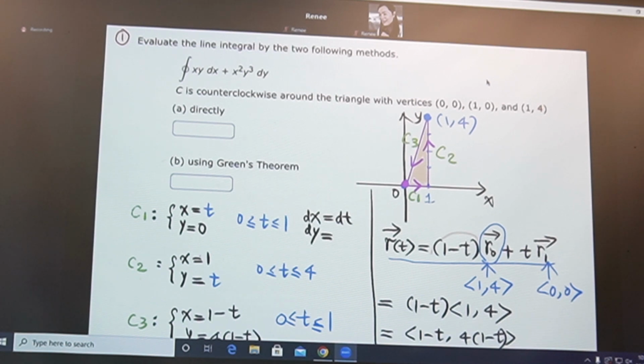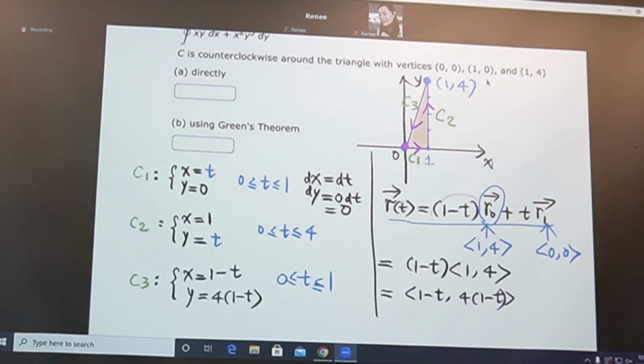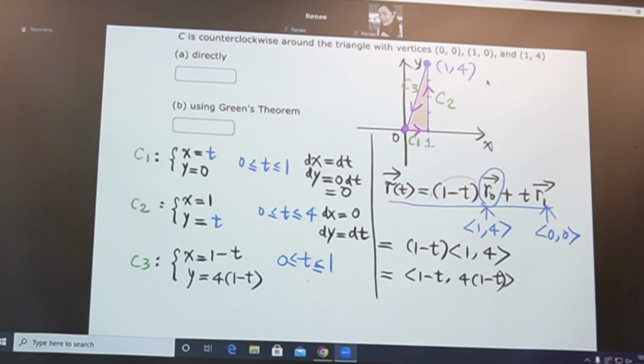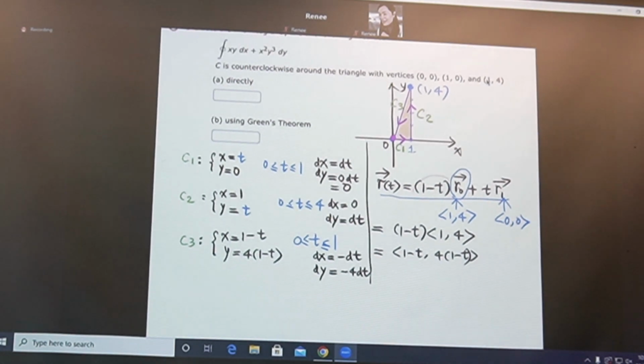Now what about the second one? dx is 0, and then dy is dt. And then for this one, dx is negative dt, and dy is negative 4 dt. You see that it's already more complicated than Green's theorem.